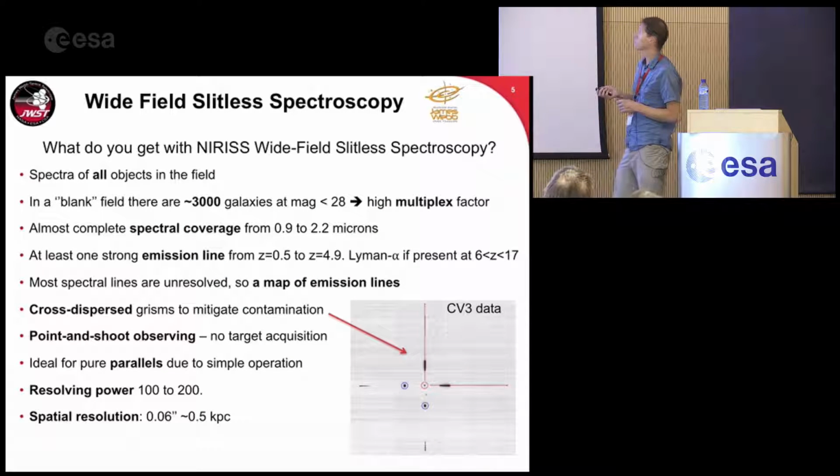And this is what the spectra actually look like. So this is some calibration data we got during the CV3. And this is actually a co-edition of several images together, where you see the direct image position of the test source is here. And for the GR150C, the spectrum is, for the GR150R, it's along the rows.